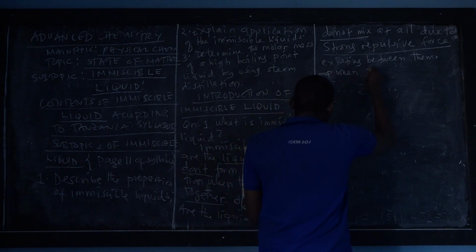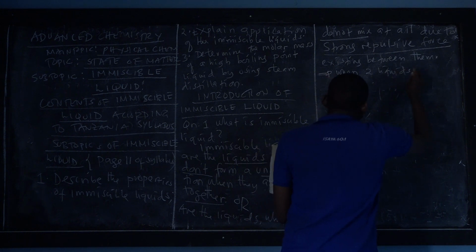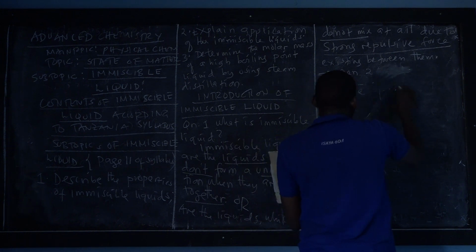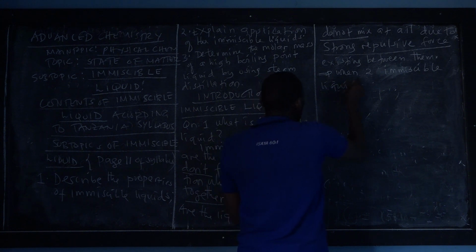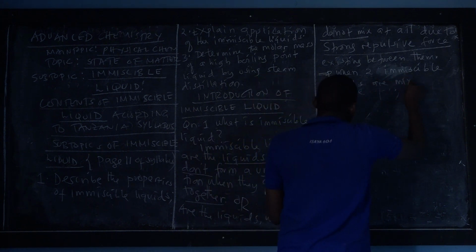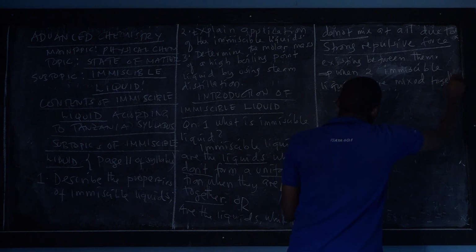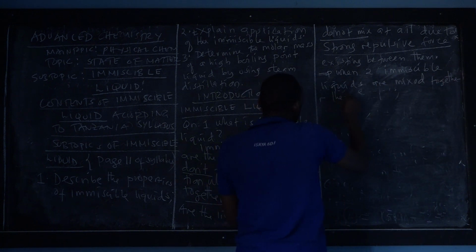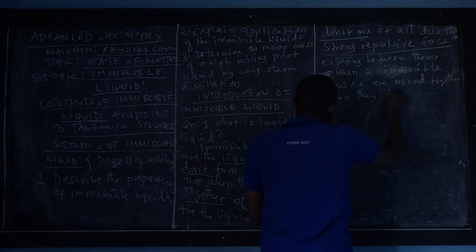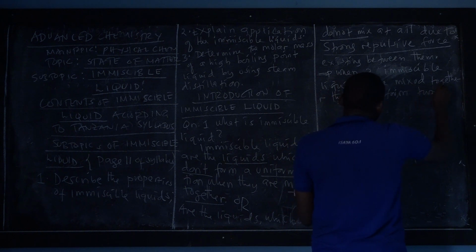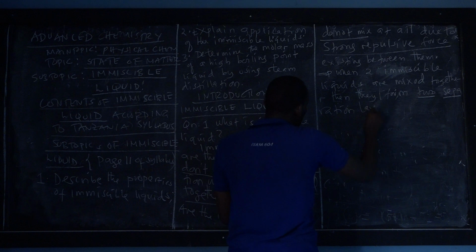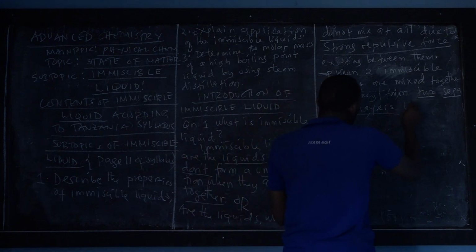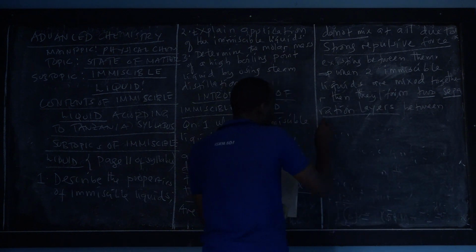So we say that when two immiscible liquids are mixed together, then we form two separation layers between them.